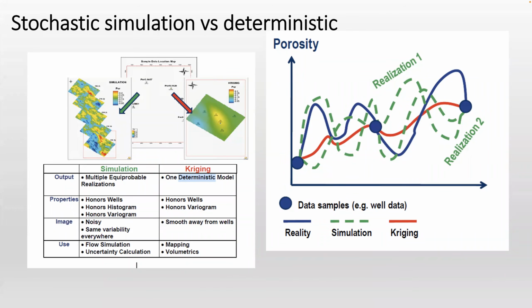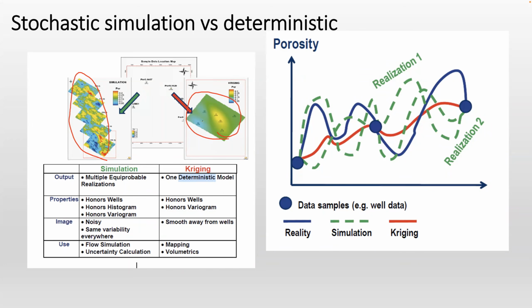But this one is based on the Kriging algorithm. That's a type of deterministic algorithm, and it just uses the variogram, not the histogram. In this part, you can see that it distributed the properties and better shows, for example, the depositional environment.